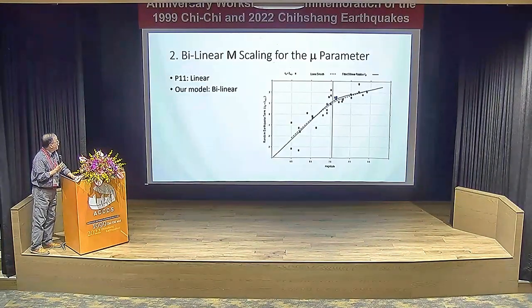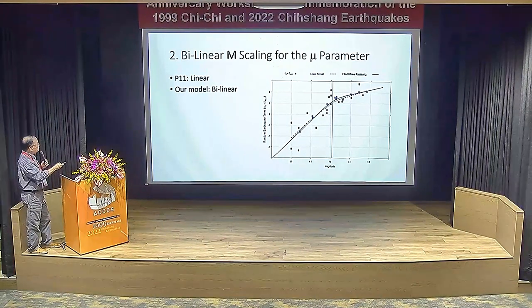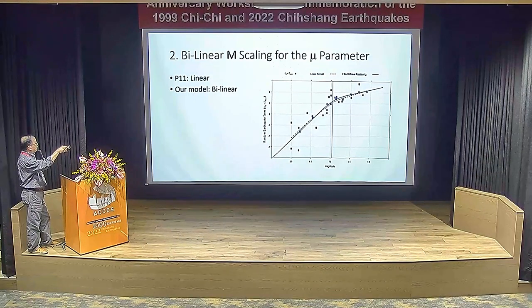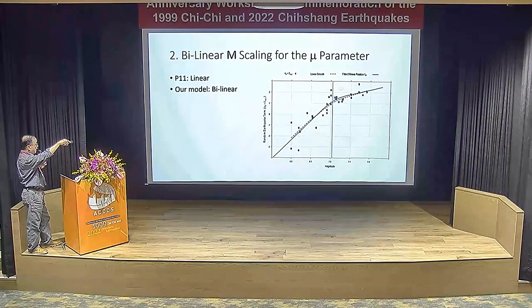And the second change to the Petersen et al. model is that we go from the linear magnitude scaling for the mu parameters to a bilinear scaling. Okay, so this is a plot showing the random-effect term as a function of magnitude. So you can see that the rate of increase with magnitude changes.